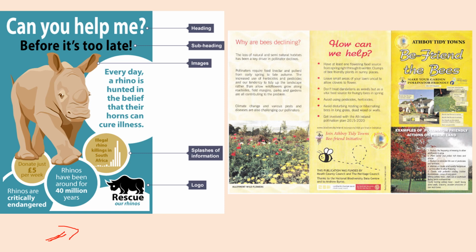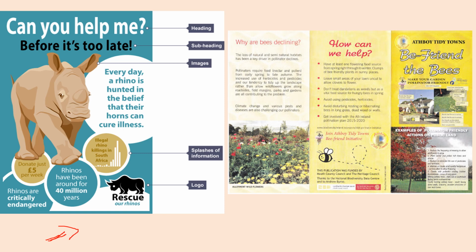And rhinos are critically endangered. So what do we mean when we say endangered? You should all be familiar with this term. So when we say an animal or a plant is endangered, it means that it's close to becoming extinct. And in this leaflet, it's telling us to donate just £5 per week to save the rhinos.